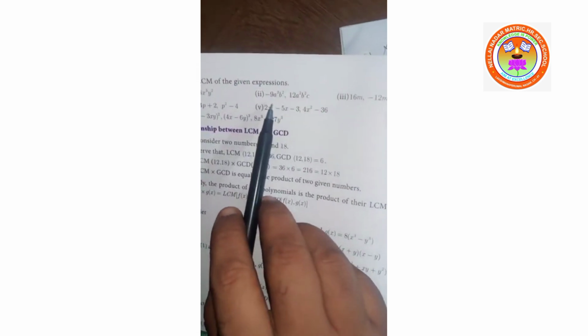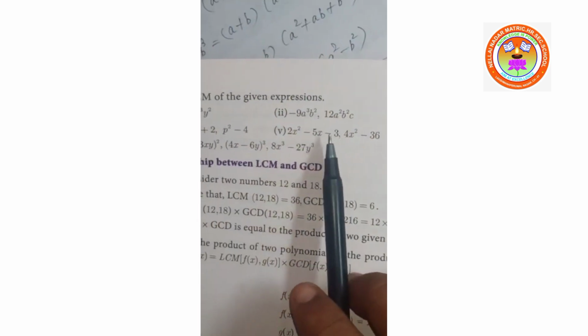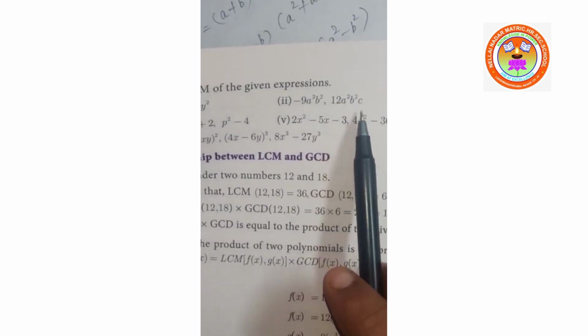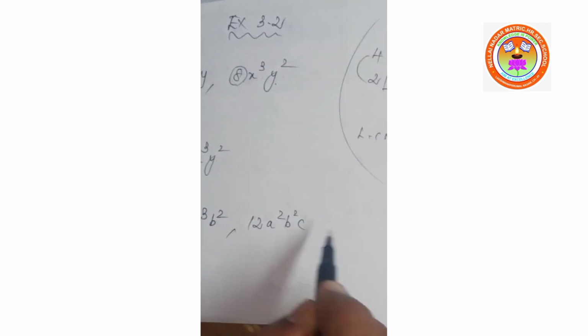Here is the question. Minus 9 a cube b squared and 12 a squared b squared c.